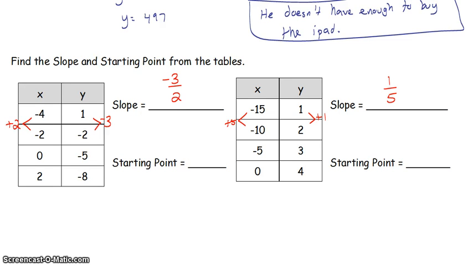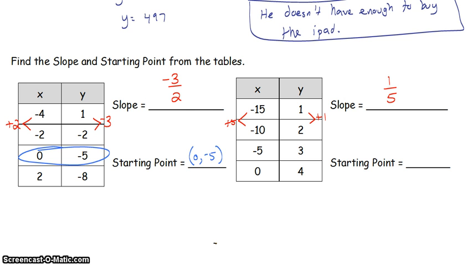Starting point here, I left those blank so I could talk through those. Common mistakes is that everybody would just put whatever is listed first as your ordered pairs. And that's incorrect. It is not what's listed first. It is always where your x coordinate is 0. So in this one, your starting point would be 0, -5.